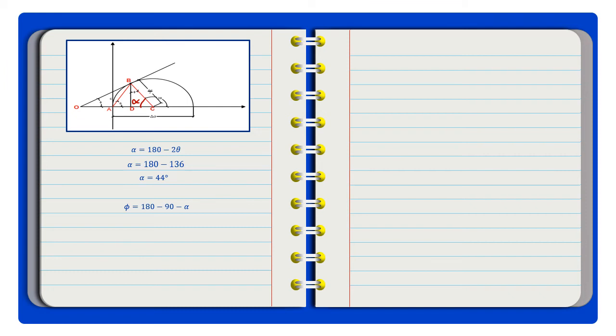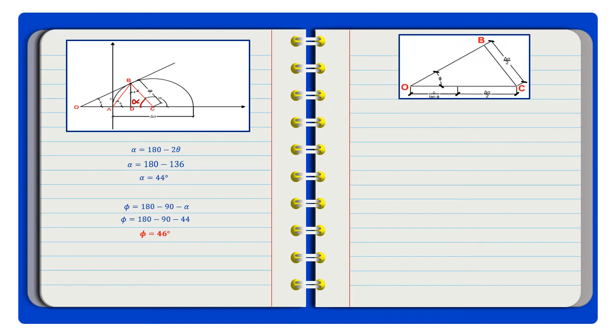Then, substituting the value of alpha, we will have phi is equal to 180 minus 90 minus 44 degrees. Then, calculating that equation, it will give us an angle of internal friction of 46 degrees. Now that we have the angle of internal friction, balik tayo dun sa Mohr circle natin.